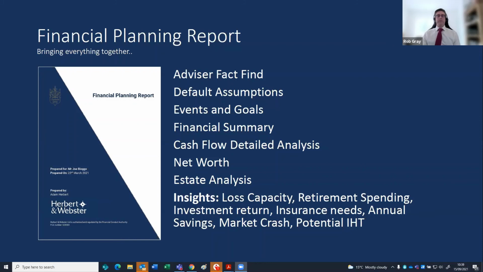You've then got much younger clients where we would use the insurance needs insights. So especially if you've got a husband and wife with children, especially if one of the parents is a higher earner, then you can use the planning to identify what the circumstances would be if one of the parents were to pass away early.